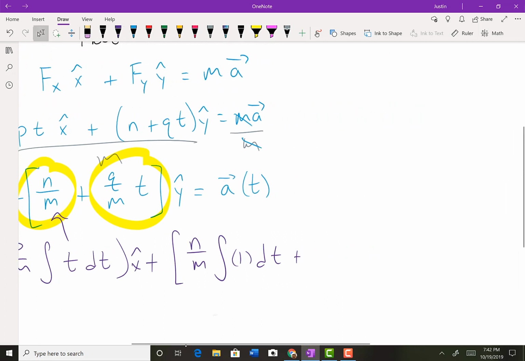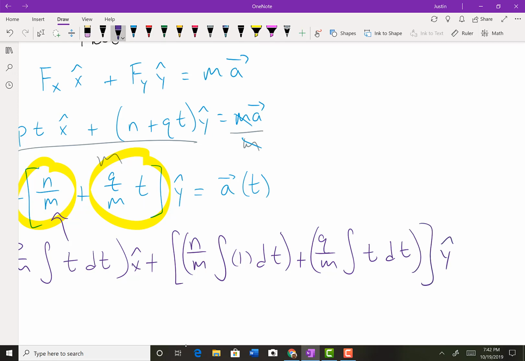Plus all this stuff over here, that's going to be the constant q over m, and I'm going to integrate t dt, because again, that's t right there. All right, and then that's in the y hat direction, and there we go.